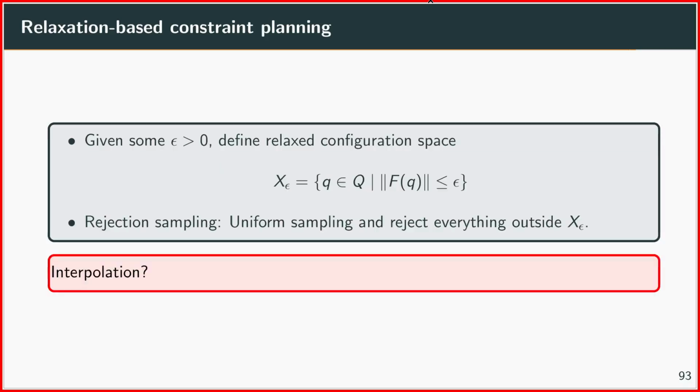Yeah. So depending on your epsilon, of course, that would be anywhere from almost impossible to doable. So you definitely have to check what kind of epsilon you take, and it depends on your application. But yeah, rejection sampling is possible and interpolation is possible.